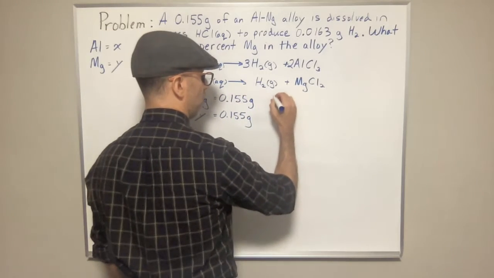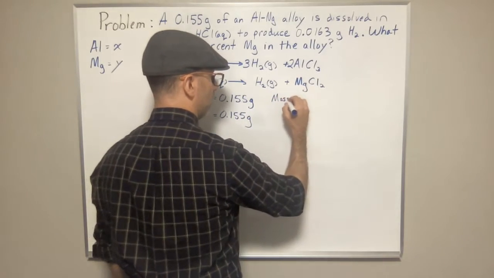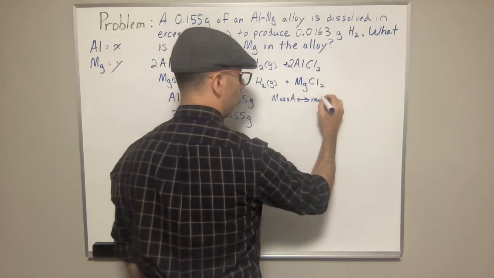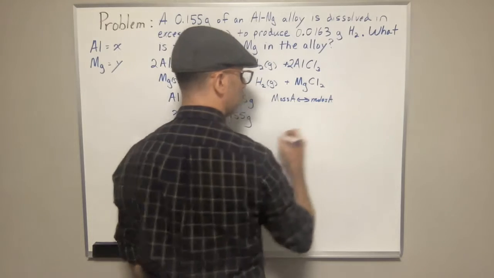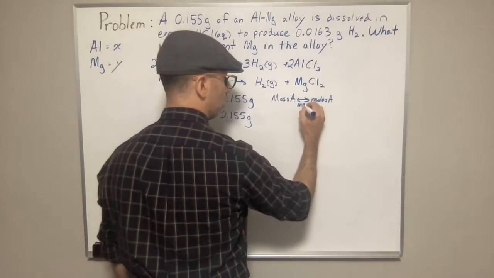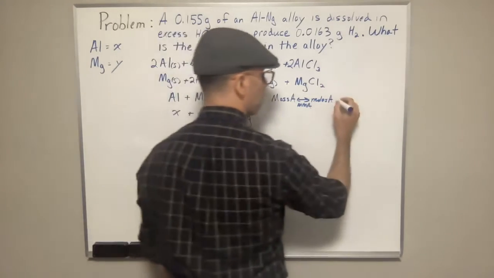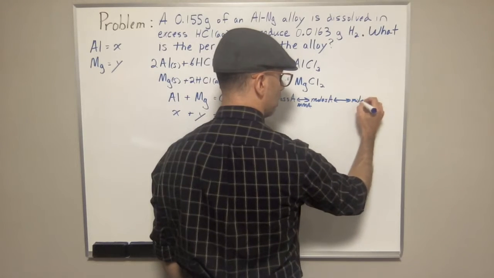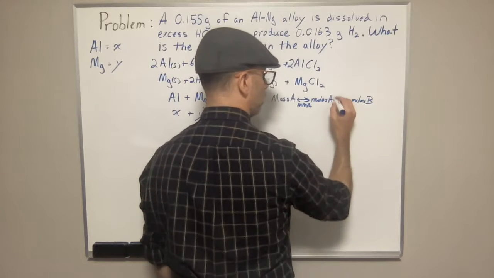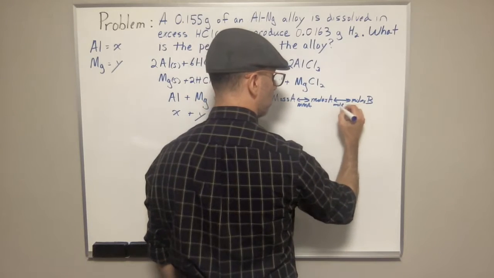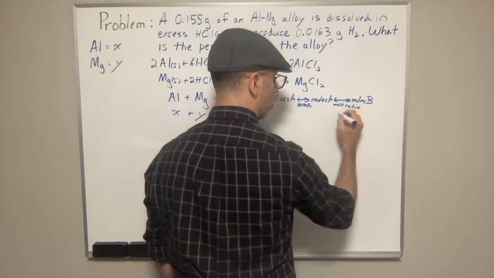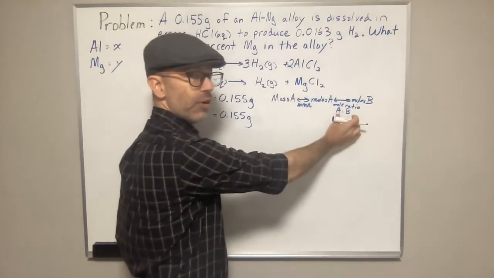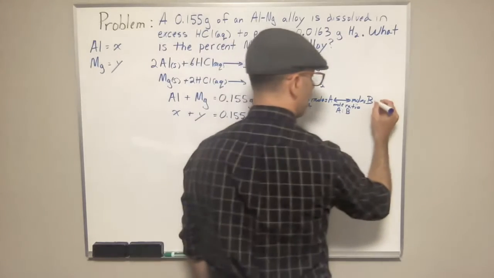So again, our roadmap is mass of A goes to moles of A using molar mass of A. And then we can go from moles of A to moles of B using the mole ratio between A and B. We're going to get this from our balanced equation.